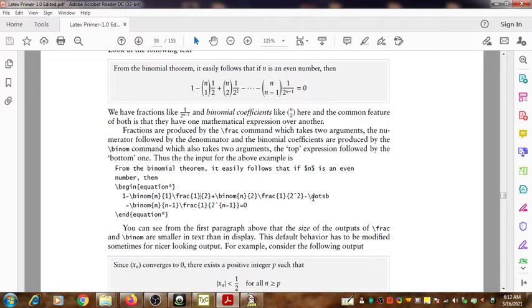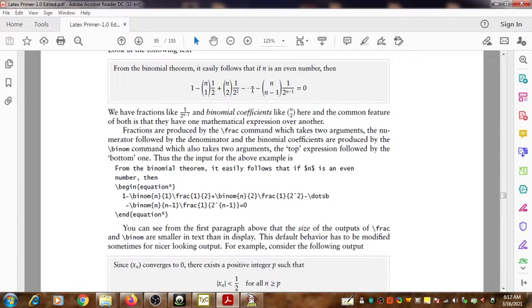After that, minus, then you have to create dots. For that, \dotsb is used. This b produces the dots at almost the middle of the expression.